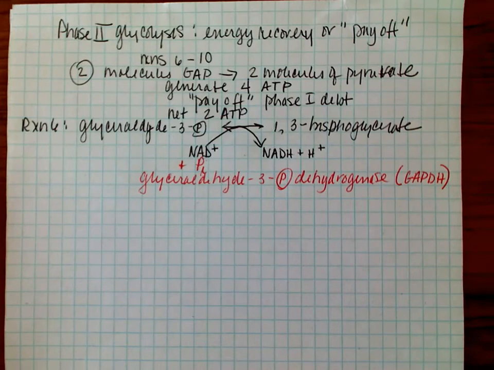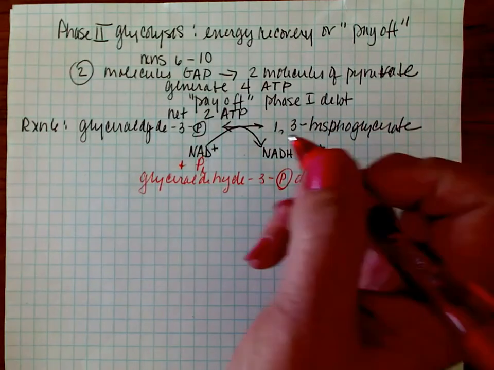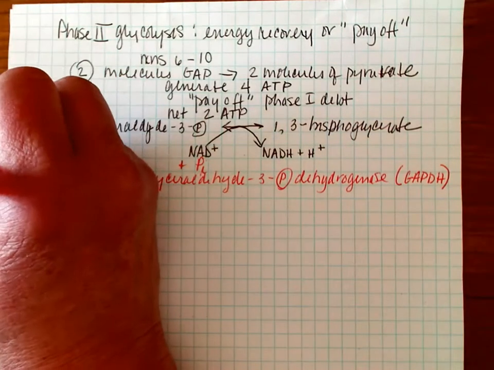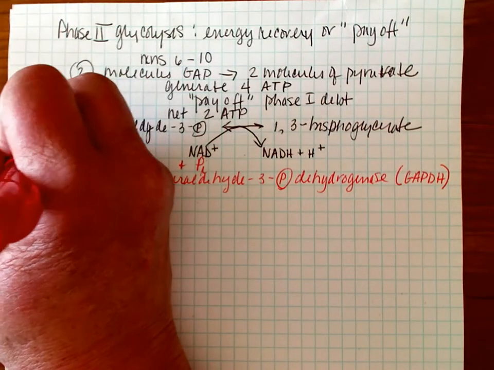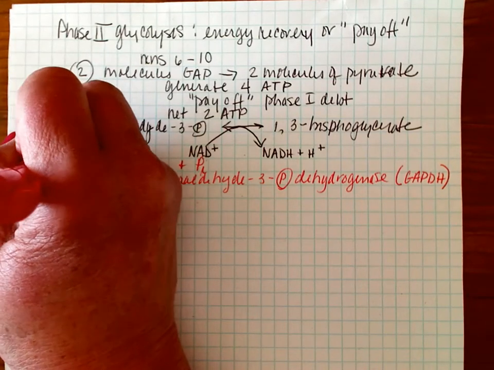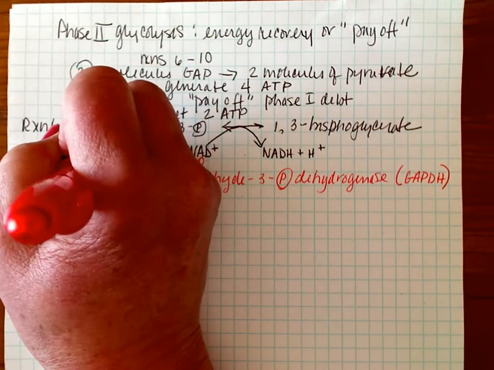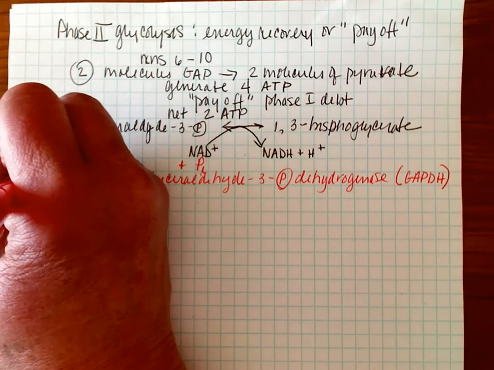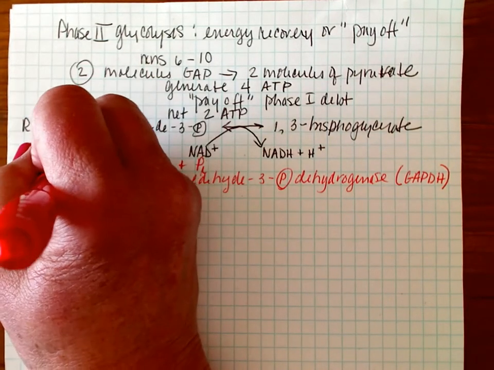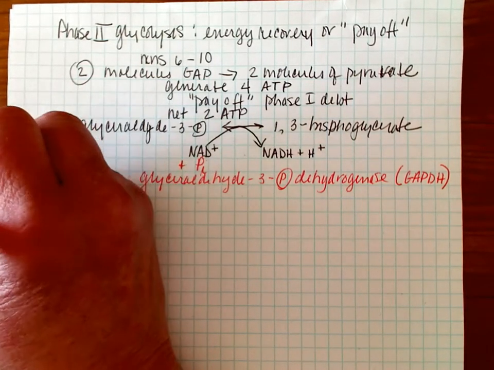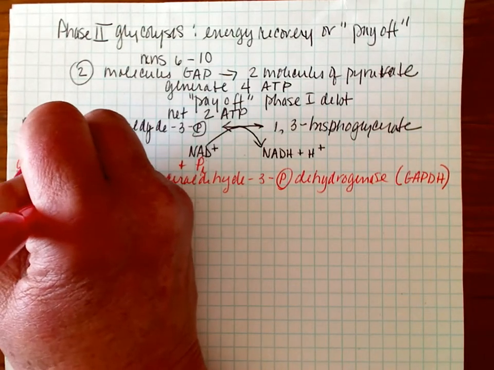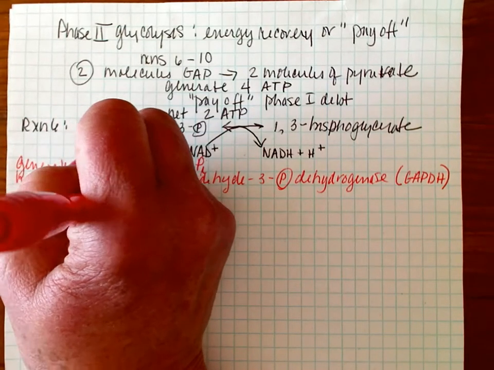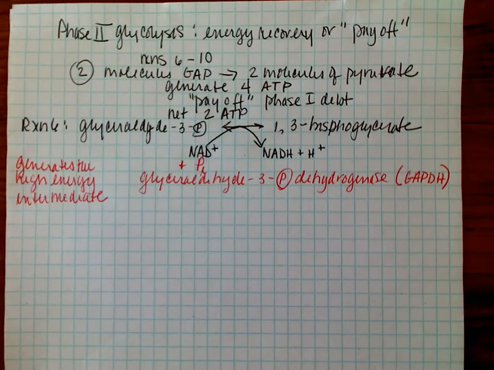Also, by the generation of that NADH, this step also generates the first high energy intermediate, because the energy that is extracted from these molecules comes from high energy bonds.